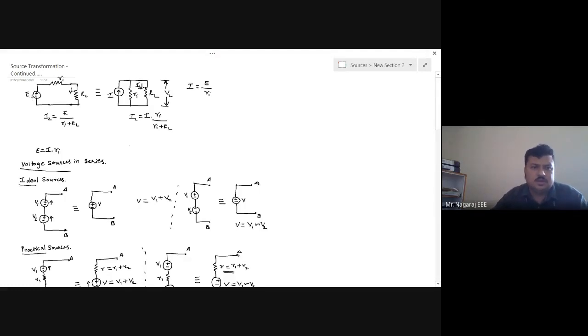Now here, E is the source value, Ri is the internal resistance of the source. Now this is converted into a current source. Now what is the value of current I? I is equal to E divided by Ri. The source voltage divided by the series resistance. This we proved at a later stage, but this is how the transformation is done.